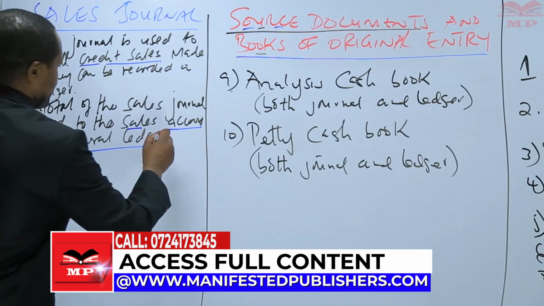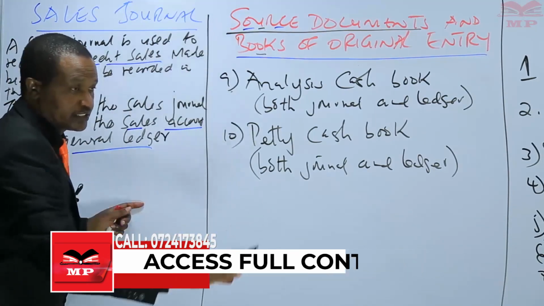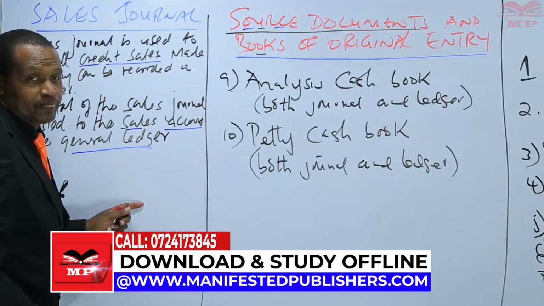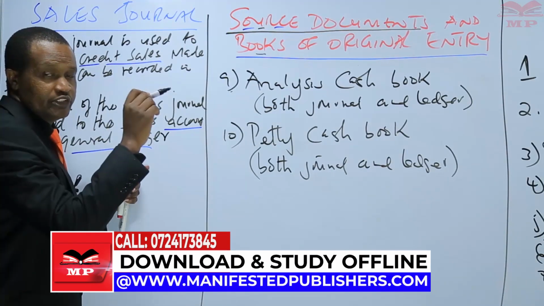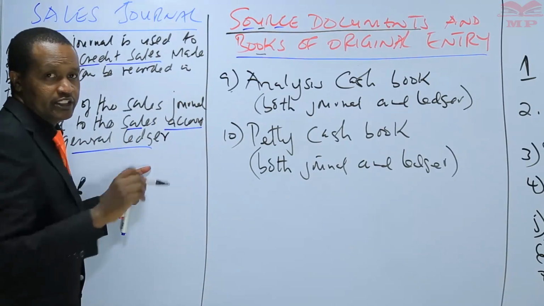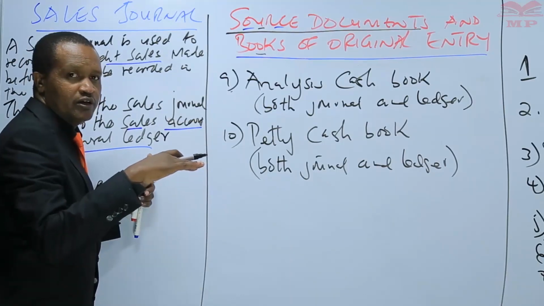So we will have a list of the debtors in the sales journal. The total will be posted to the sales account in the general ledger. Then we have the individual debtors.